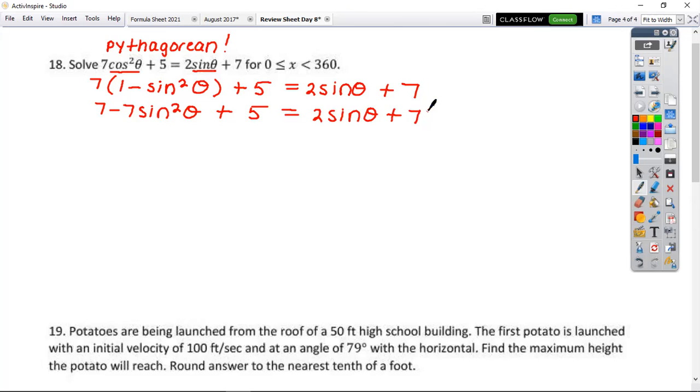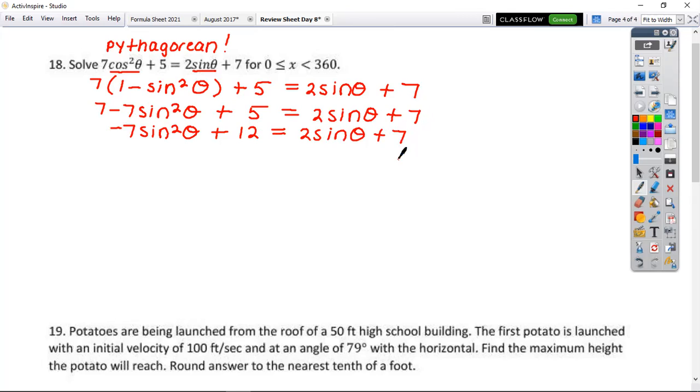All right, left-hand side, let's call that 12. So I have negative 7 sine squared theta, and then I'm going to go plus 12 equal to 2 sine theta plus 7. Okay, what do we need to get this equal to? 0. I would, if I were you, move the left side over to the right.